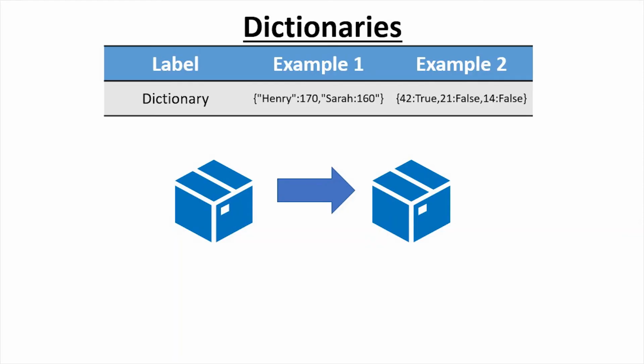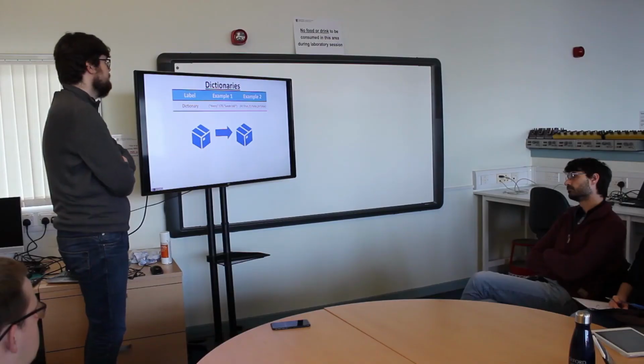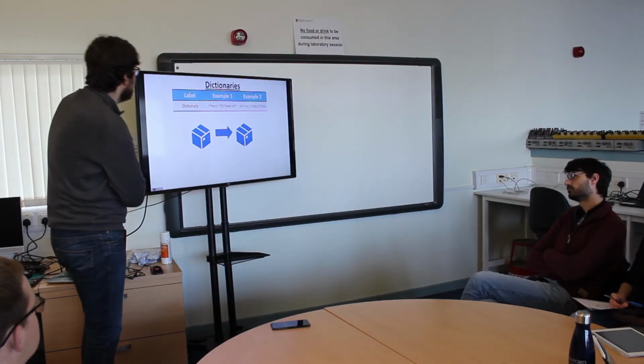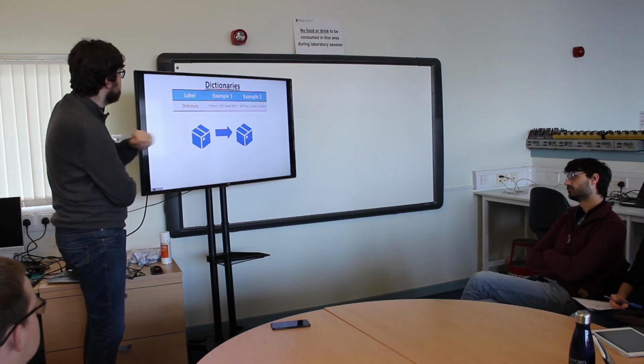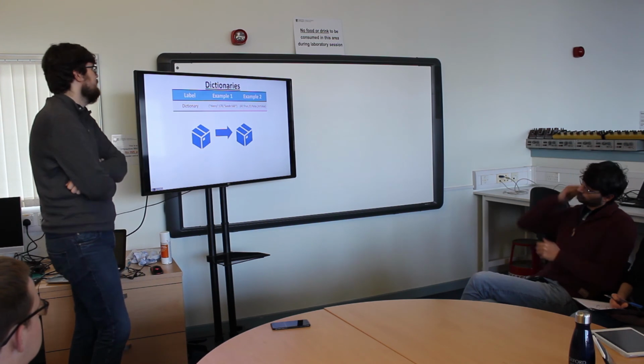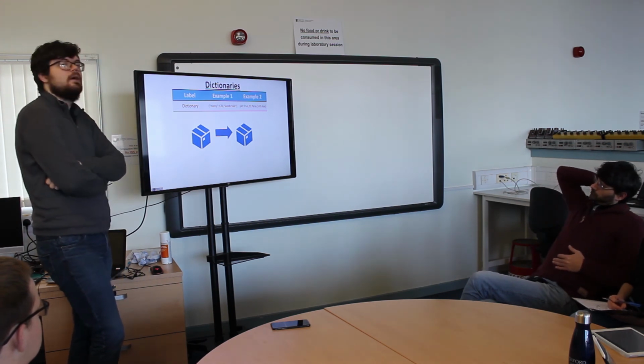And then we have dictionaries, which are the other main data structure you will see in Python. So dictionaries are a bit different. As the name implies, dictionaries contain keys and values. They map keys to values. So, for example, we see here in the first dictionary example, we've mapped Henry to 170 and Sarah to 160.